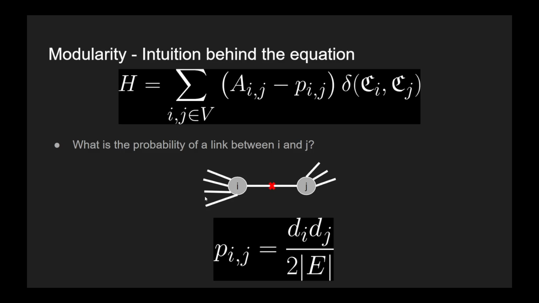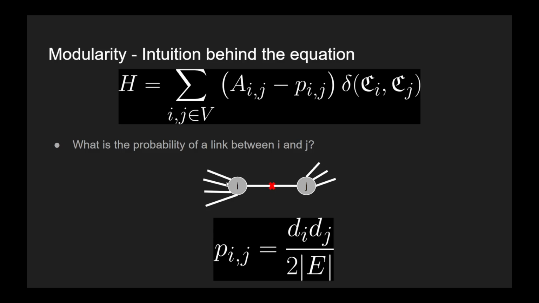Now if we think about the probability of one of the stubs of i connecting to one of the stubs of j, then we have 5 choices, because i has a degree of 5, 1, 2, 3, 4, 5, by 4 choices, because j has a degree of 4, 1, 2, 3, 4. So any of these links could connect to any of j's links.